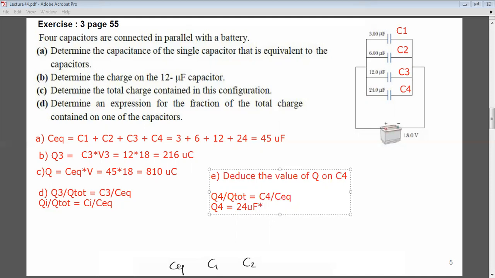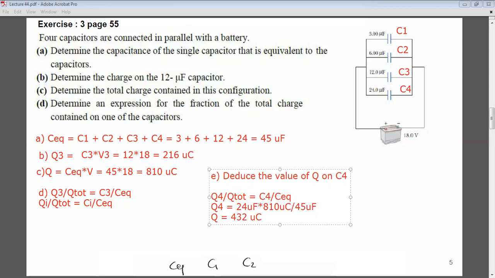So there will be cross multiplication, times the Q total, which is in part C, that is 810 microcoulomb, divided by C equivalent, which is 45 microfarad. So one of the micros will disappear and I will get Q equal to 24 times 810 divided by 45, and this will be 432 microcoulomb.